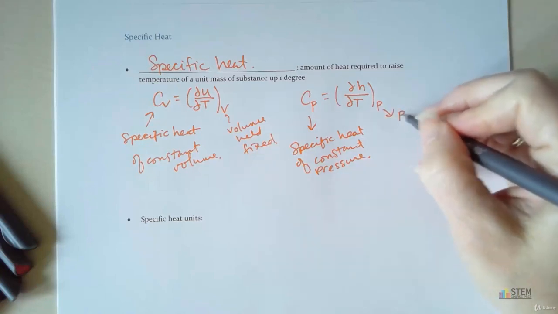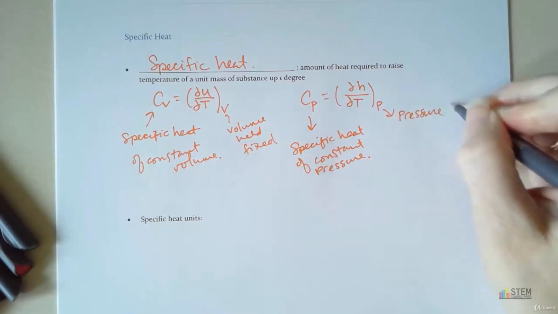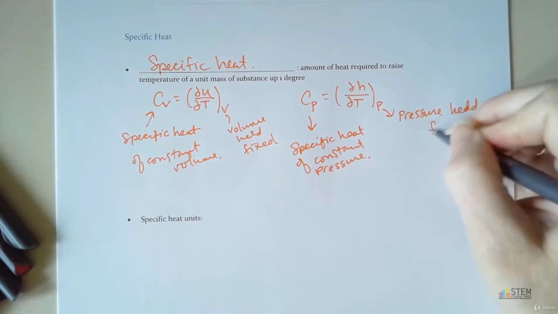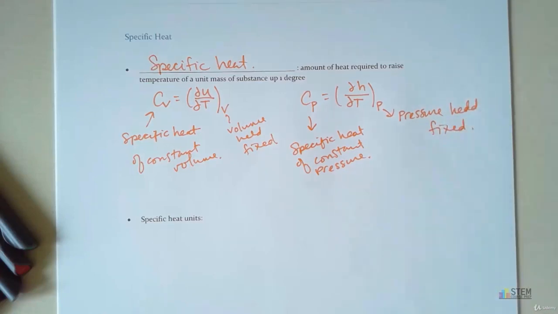So this P, let's just say pressure is held fixed. Now these terms are going to be found in the tables, or they'll be given to you, because they're going to change depending on your substance.